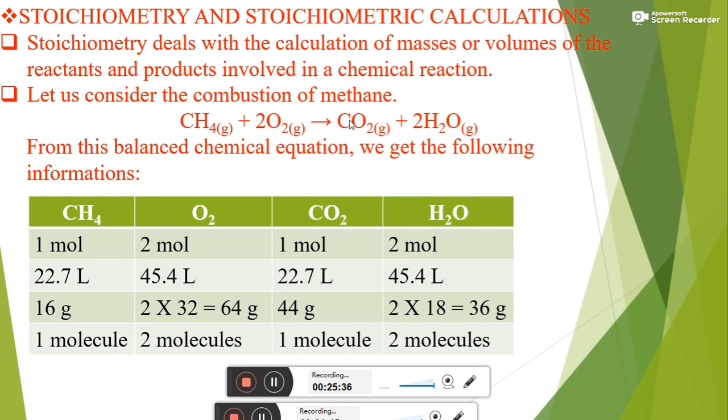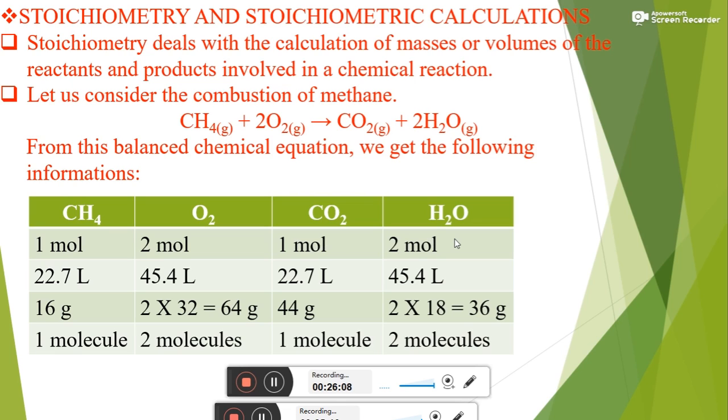In front of CO2 the stoichiometric coefficient is 1; the coefficient is called the stoichiometric coefficient. So 1 mole of CO2, and the coefficient of water is 2, so 2 moles. So 1 mole of methane reacts with 2 moles of oxygen to form 1 mole of carbon dioxide and 2 moles of water.